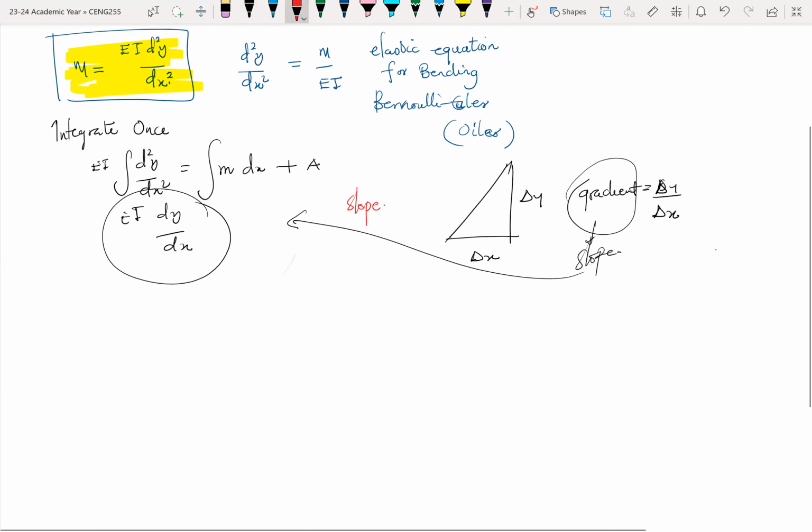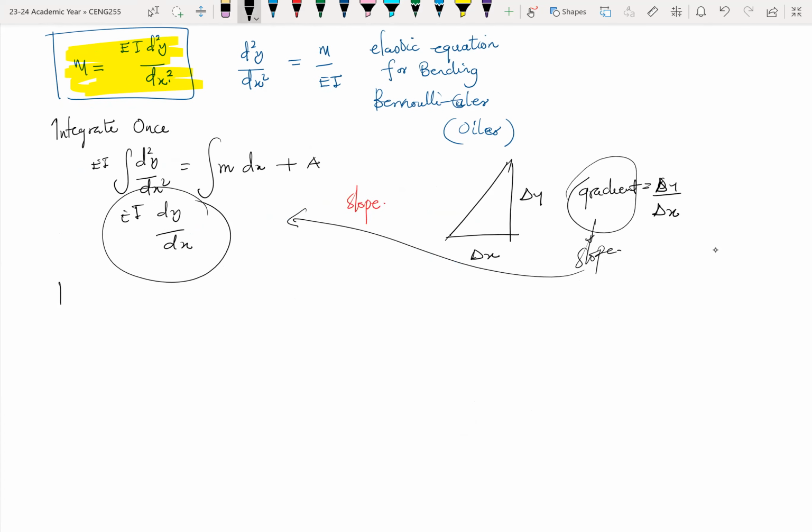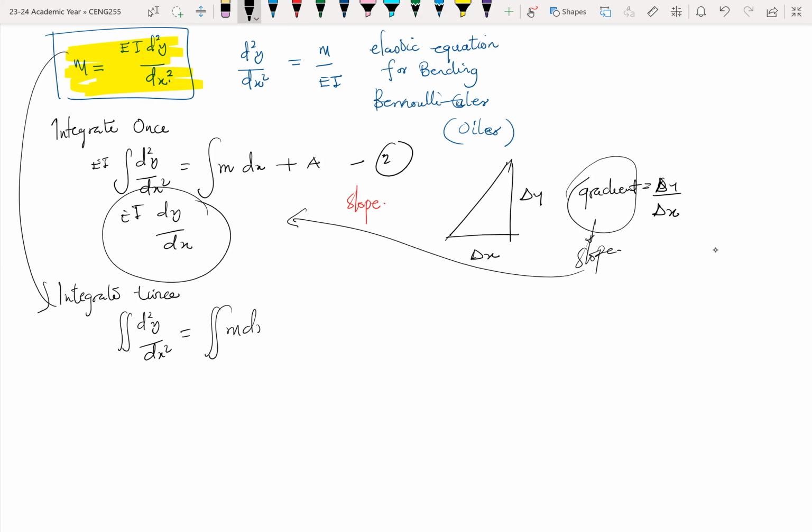Okay. Then if you integrate again, so that's the second integration, if you integrate this general equation twice, let me say equation 2 again, that becomes d squared y over dx squared, and that will give us the integral of M dx plus Ax plus maybe B or something there.